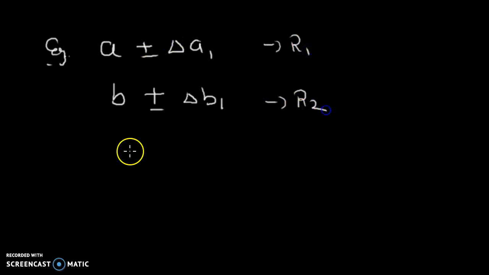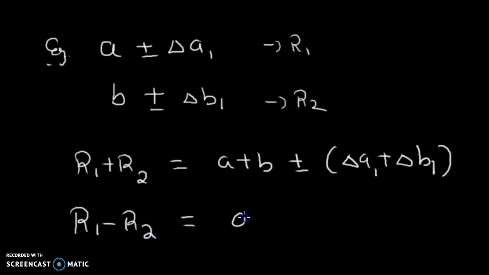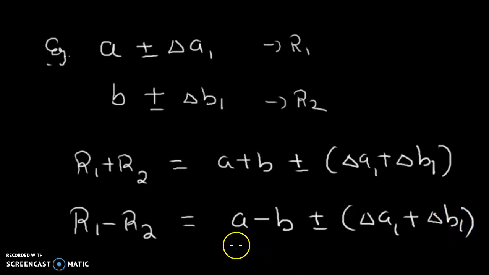If one reading is A and the other reading is B, then reading 1 plus reading 2 would be A plus B plus minus (delta A plus delta B). Even for reading 1 minus reading 2, the difference would be A minus B plus minus (delta A plus delta B). So I'm adding them.